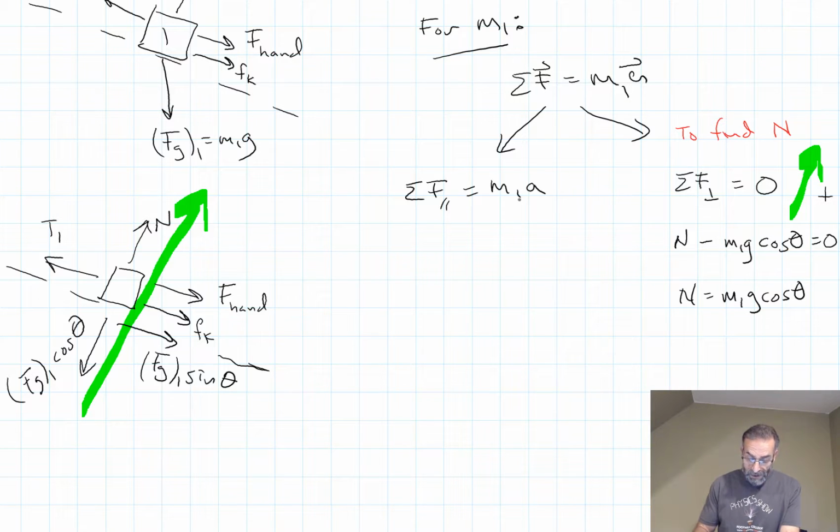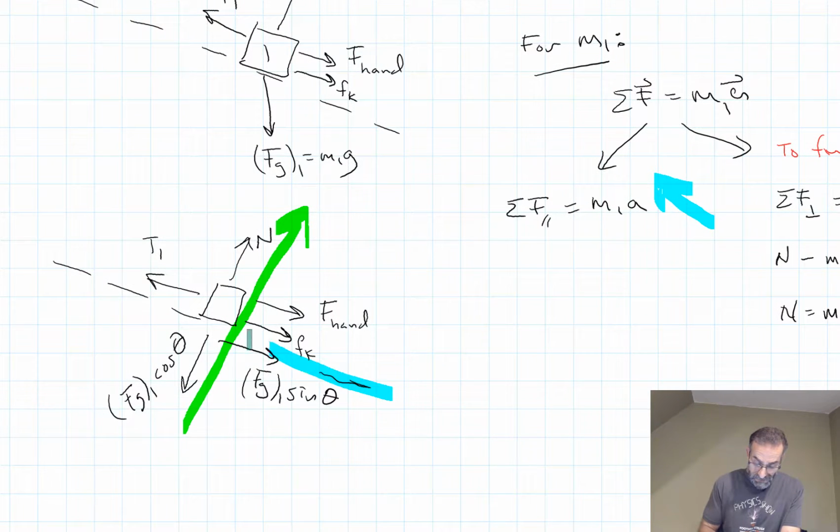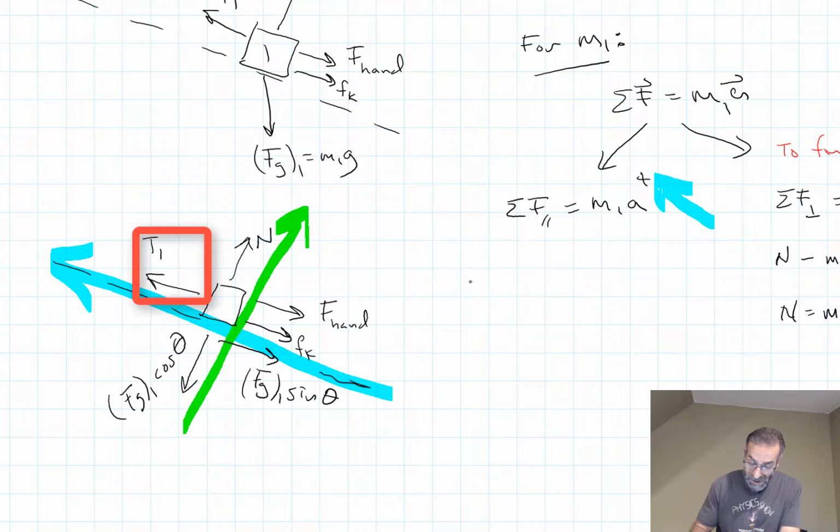Now I look at my parallel direction. I'm going to say up the incline is my positive direction. So that's this direction. And I've got a T1 in the positive direction.